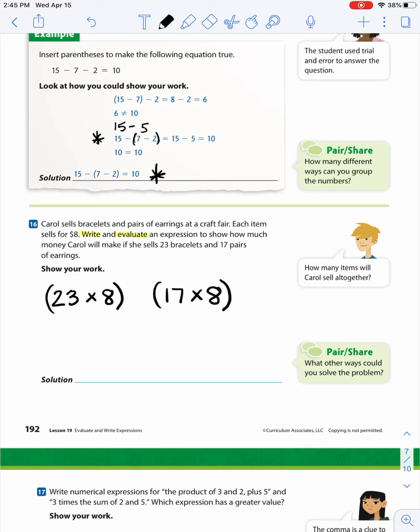To know how much money she's going to make altogether, you would first do 17 times 8 and 23 times 8, then add them together. So to solve this problem, I'm going to do 23 times 8 and 17 times 8. And then I'm going to add those together. Checking my math here.